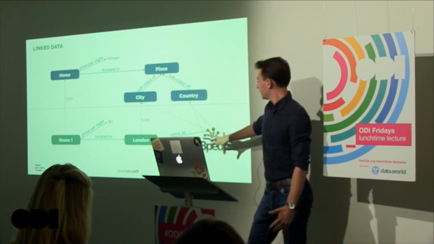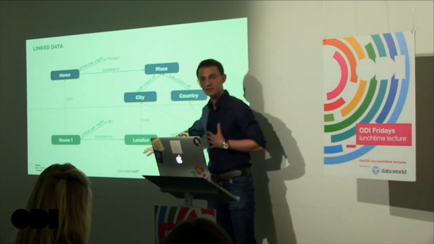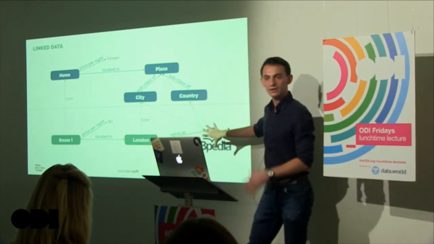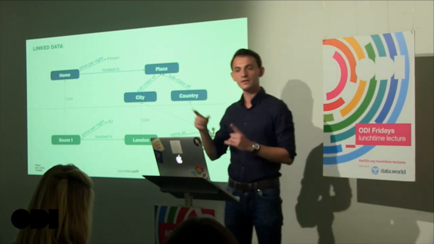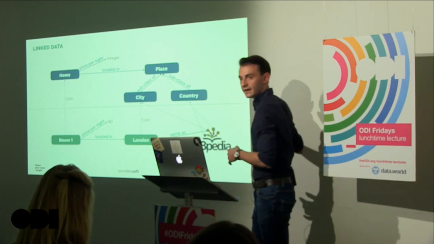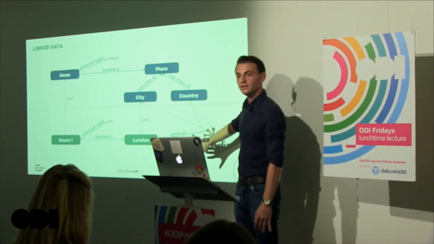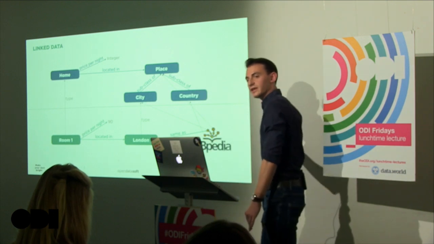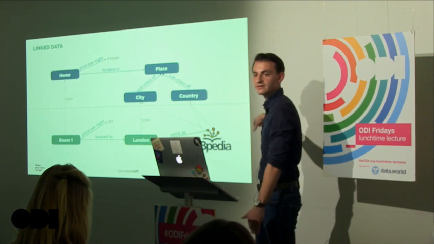So you will have a link between our London and the London of Wikipedia. And it can be transitive. If you are only linked with DBpedia, and DBpedia is linked with another linked data set, by transitivity, you will be linked to the other data set.